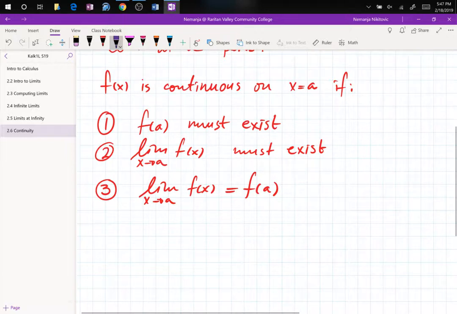And in the past, I've seen some horrific things like limit of f of a must exist. The limit of f of a exists all the time because f of a is a number, it's not a function. So, silly stuff like that.